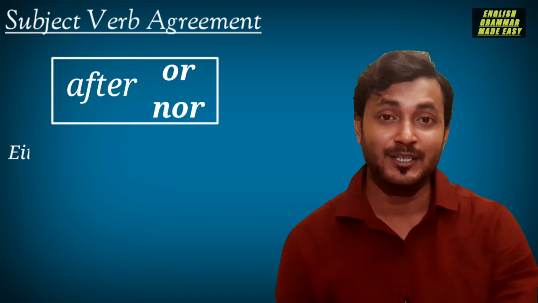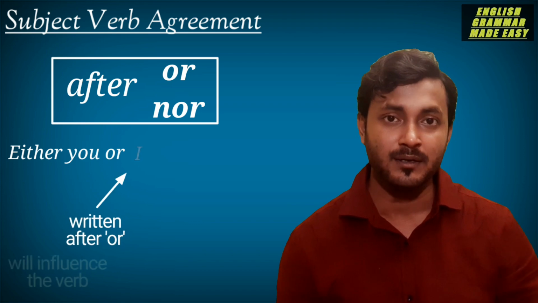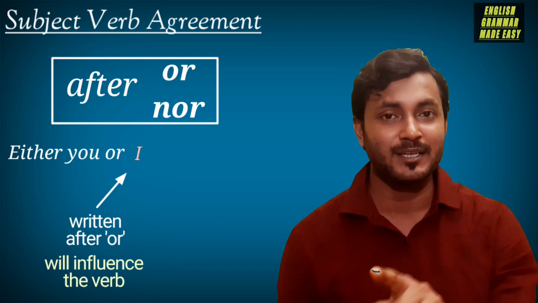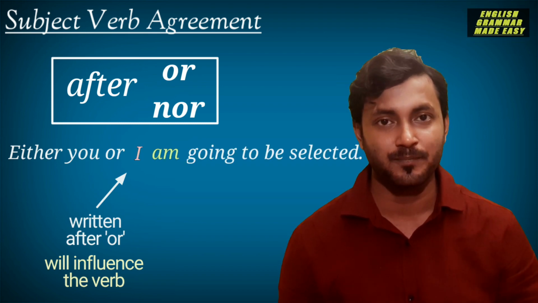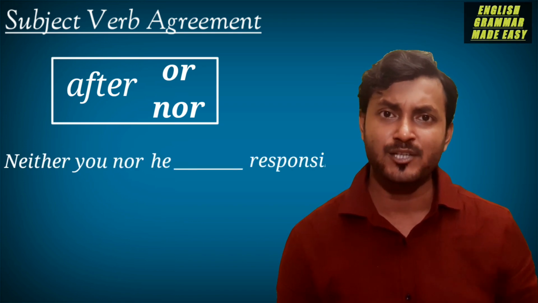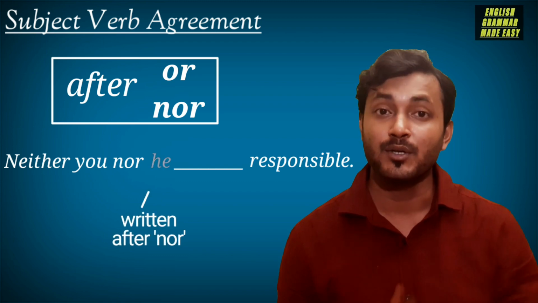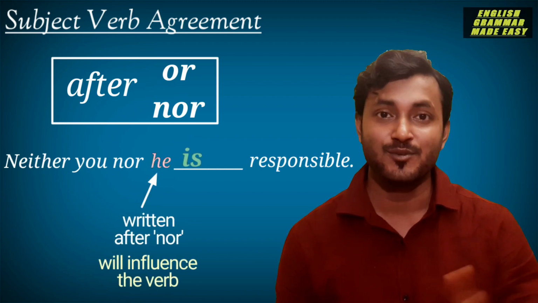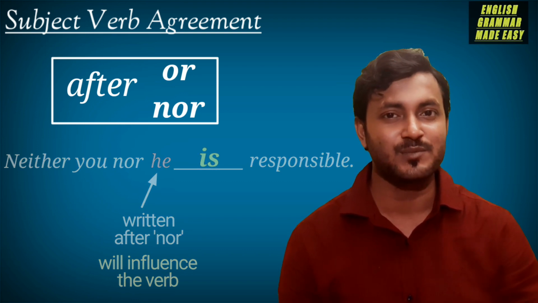If I say either you or I, your subject is I, because it is written after or. So the sentence will be either you or I am going to be selected in the school cricket team. Similarly, if I say neither you nor he dash responsible, your subject is he, because he is written after nor. Is responsible, it will be neither you nor he is responsible.